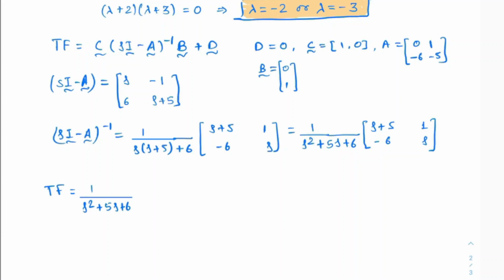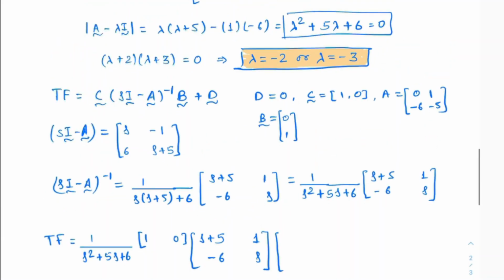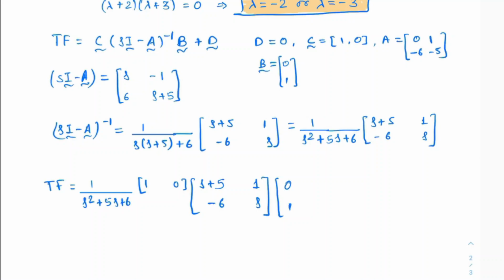Then let's write C, which is 1 0, then the rest of the matrix from this sI minus A inverse, then B is 0 1, and D was 0 anyway.